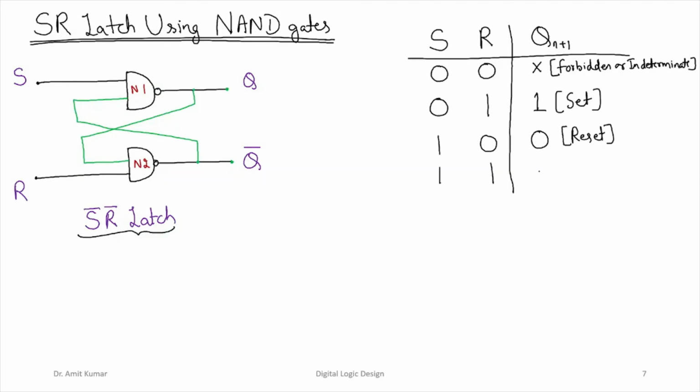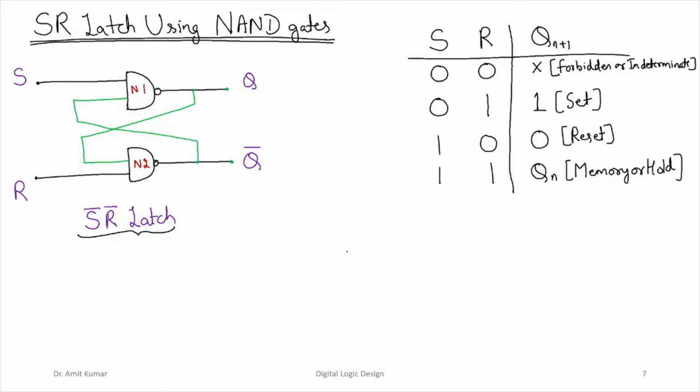If both of the inputs are 1, the output retains whatever value was previously present at the output terminals, and we call this the memory or hold state of the SR latch using NAND gates.